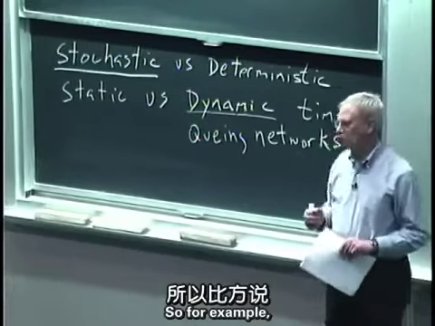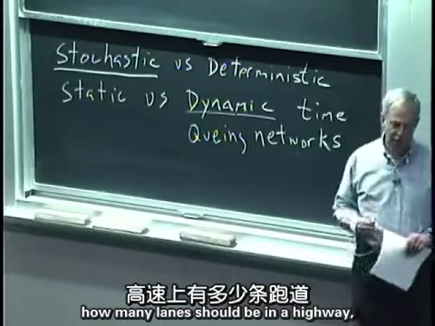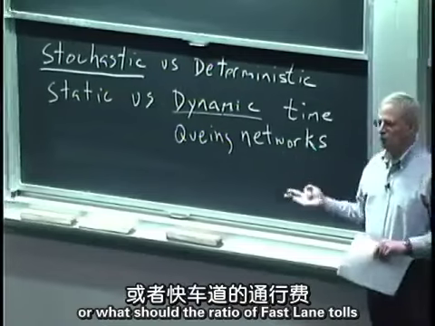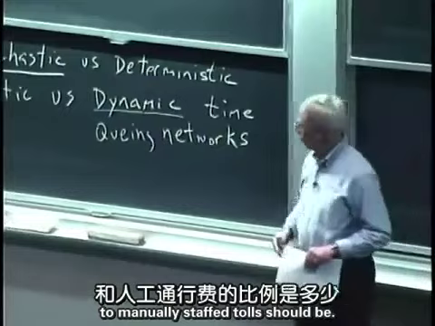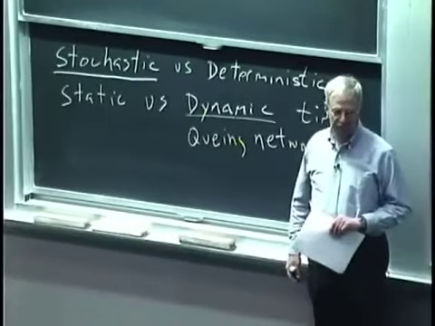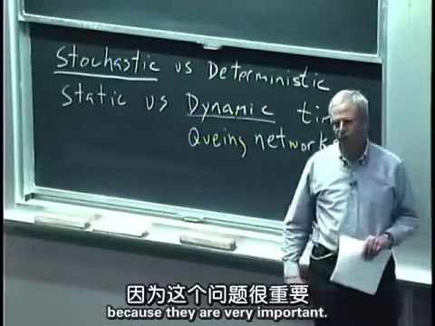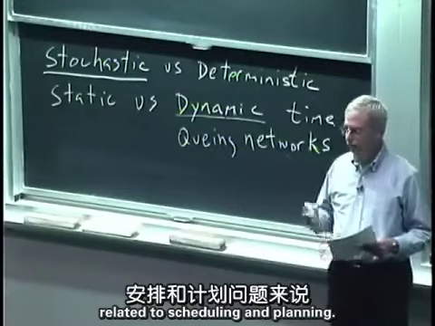So for example, people who are trying to decide how many lanes should be in a highway, or how far apart the exits should be, or what should the ratio of fast lane tolls to manually staffed tolls be, all use queuing networks to try and answer that question. And we'll look at some examples of these later because they are very important, particularly for things related to scheduling and planning.